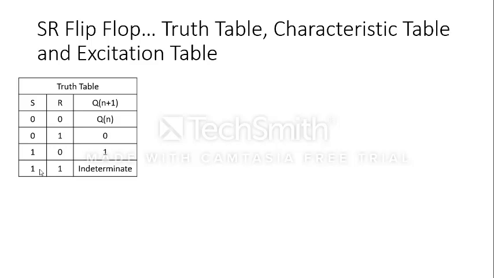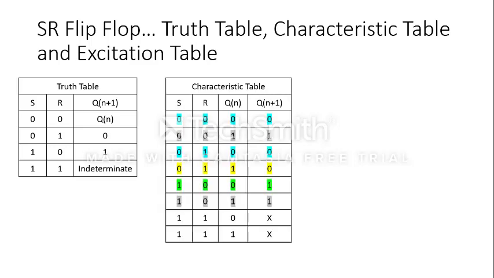One more thing is there, as your flip-flop is associated with a clock. Let us assume that when your clock is 1, at that time only the flip-flop operation will be working, and the flip-flop operation will not be working when your clock pulse is 0, right? Here I have not included the clock pulse column.